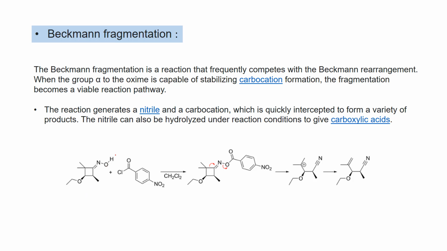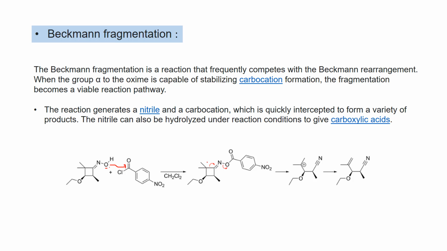The starting material is the same. This OH reacts with the electrophilic center and becomes electrophilic. Now, instead of shifting from this carbon center to nitrogen, this bond just breaks.